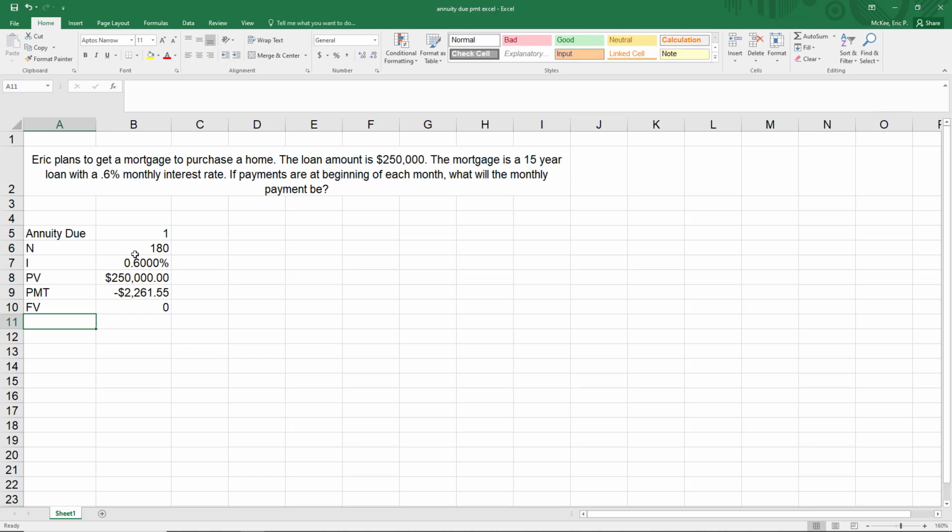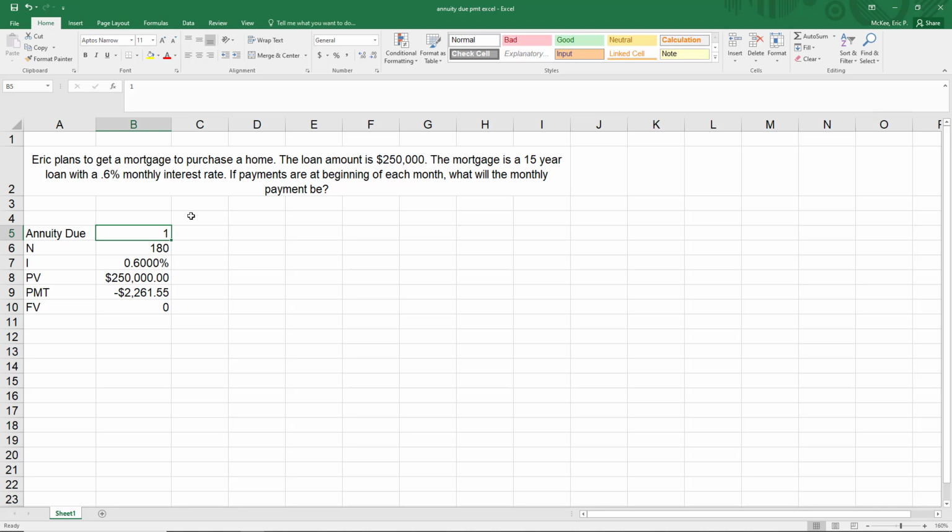But the advantage from using cell references is I can now change things. So let's say I have a different mortgage now, and I still want to know what the payment is. I can put in the new values, and then payment will automatically update. So let's say this is no longer an annuity due. Now I am paying my mortgage payments at the end of the month instead of the beginning.